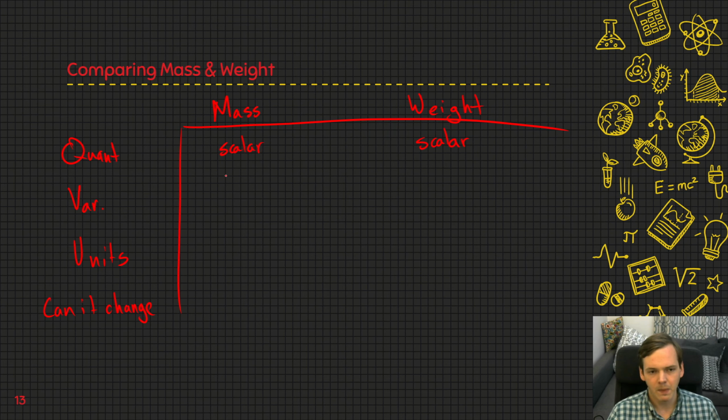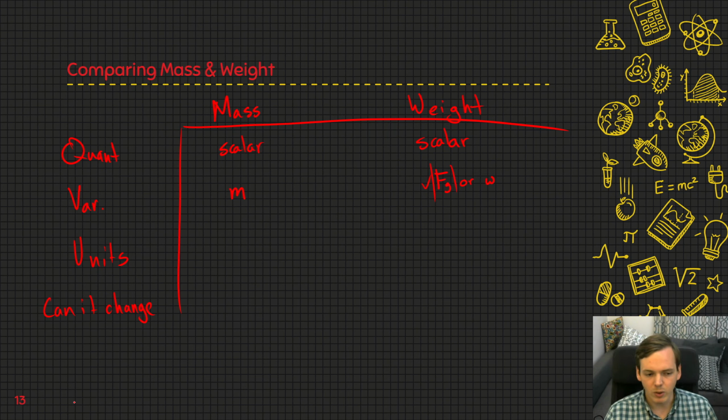The variable we use for mass is lowercase m. For weight, we typically will do Fg, or sometimes you'll see W. Less likely, it's mainly going to be Fg. And if you want to be really precise about it, you should put the bars around it so that you're indicating it's a magnitude.